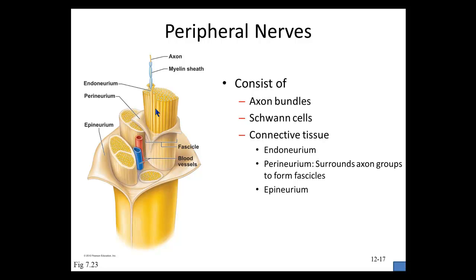So a nerve is not a neuron. It's bundles of myelinated axons that are wrapped up in a connective tissue covering with blood vessels, because we know our nerves need a good blood supply in order to function properly. If you sleep on your arm or sit on your foot on the couch, you might find numbness and tingling eventually because the blood supply to those nerves is cut off, and as a result those nerves don't function properly.